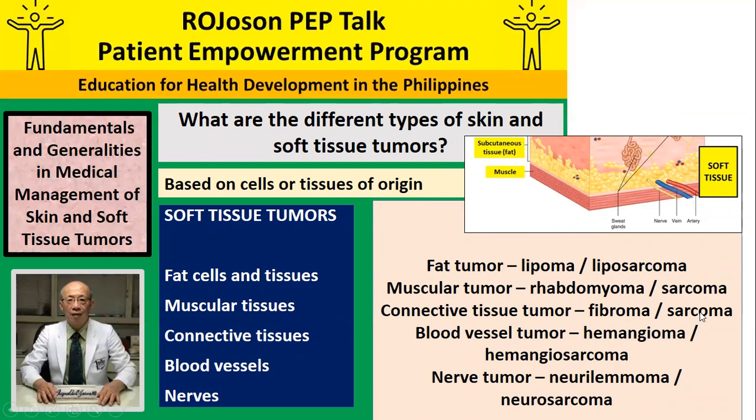Fibroma and fibrosarcoma arising from the connective tissue. Hemangioma and hemangiosarcoma, the malignant counterpart arising from blood vessel. And then those arising from the nerve: neurolymphoma, a benign soft tissue tumor, and neurosarcoma, a malignant soft tissue tumor.